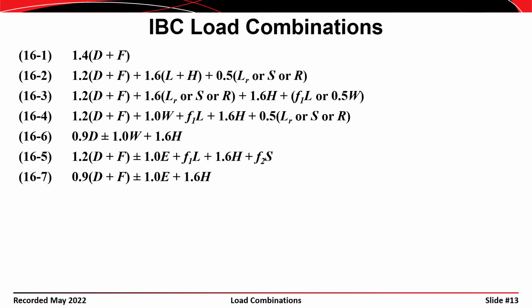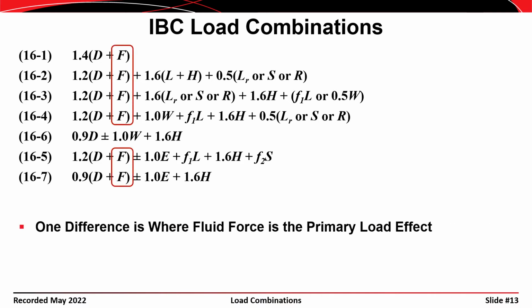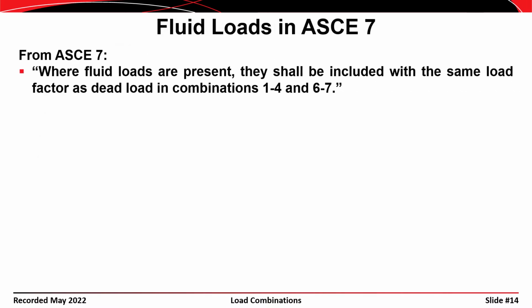et cetera, et cetera. Okay, one other difference is that the International Building Code, the IBC load combinations, include the fluid load as a primary load effect. Now, at first that makes it look like they're different than the ASCE7 load combinations, but if we read the details in the ASCE7 standard, it says that where fluid loads are present, they shall be included with the same load factor as dead load in combinations 1 through 4 and 6 and 7.